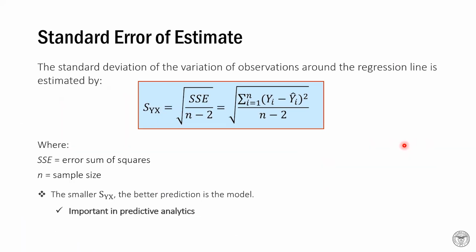Perfect prediction is practically impossible in almost all disciplines, including economics and business. So from the perspective of predictive analytics, how can we tell whether a regression equation is a good predictor? To that end, we need a measure that will tell how inaccurate the estimate might be.